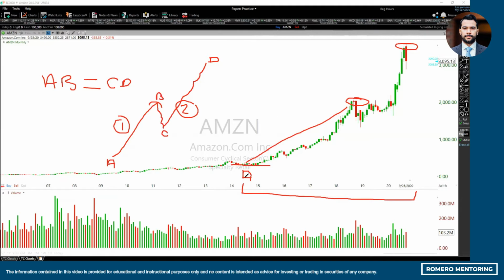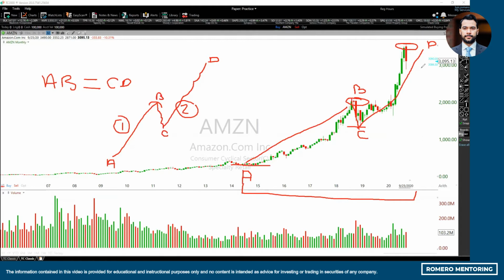So we have our A point, okay? Our B point is the top in late 2018. And then this followed a correction of about 25 or 30%. Then the footing or your support point is your C point, all right? And of course, your A to B equals your C to D move. This would be your D point. A to B equals your C to D move.